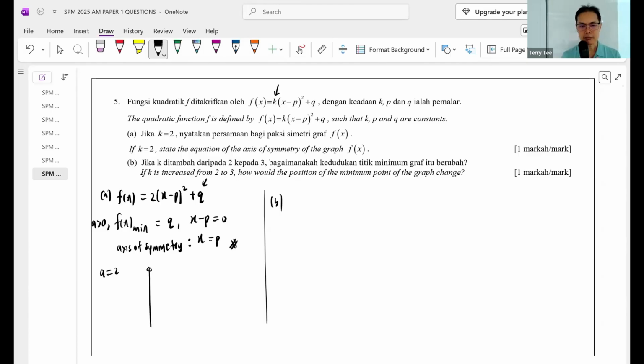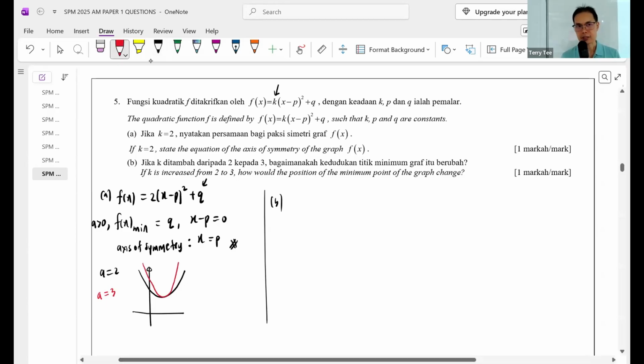The graph may look like this, because I don't know what's my p, my q. The moment I increase my a to 3, your graph becomes sharper, higher gradient. If let's say my a is 1, your graph becomes broader. So it affects the curvature. It doesn't affect the position of your minimum or maximum point.